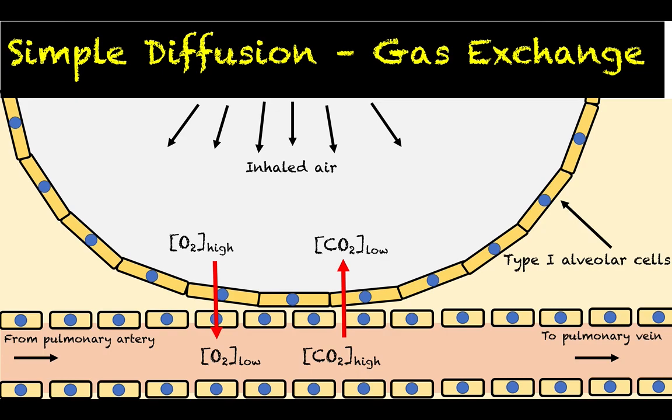So this is an old slide that I showed you before. This was us looking at simple diffusion, specifically in the pulmonary capillaries of the lungs. So what you're seeing here are the simple squamous epithelia that make up the tissue of the lungs. So these squamous cells are called type 1 alveolar cells.